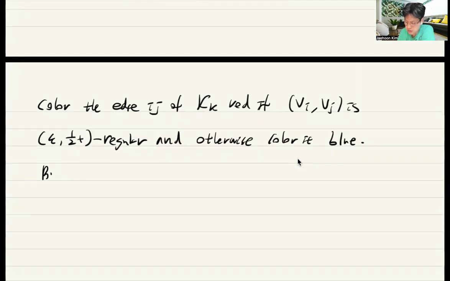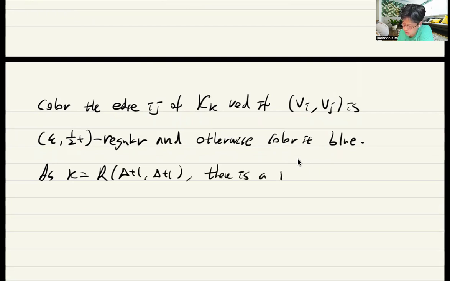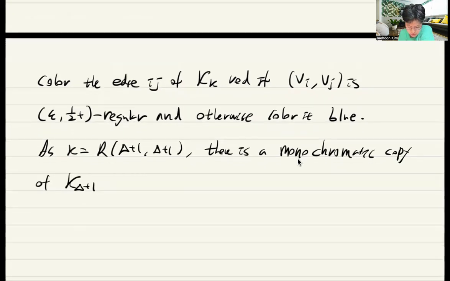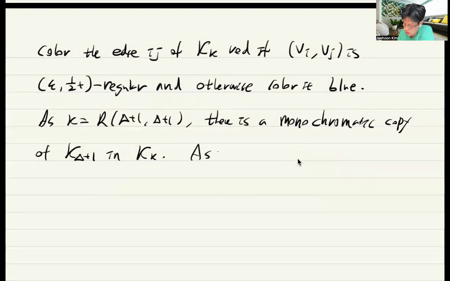Then, as this k is the Ramsey number of delta plus 1, comma delta plus 1, there is a monochromatic copy of K delta plus 1 in this K. Again, by reindexing, we assume that it is the first delta plus 1 numbers.